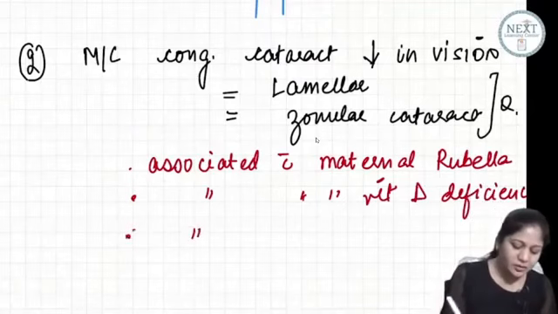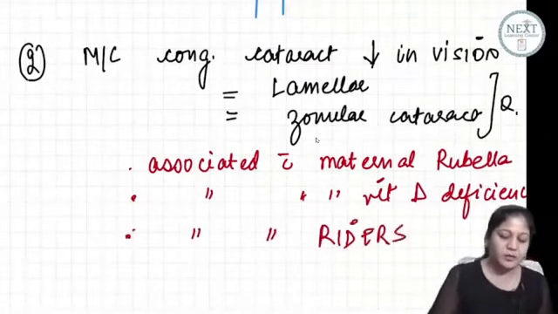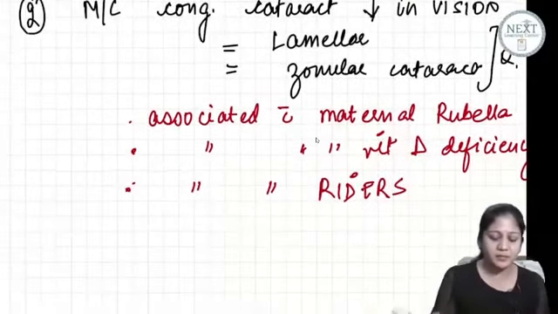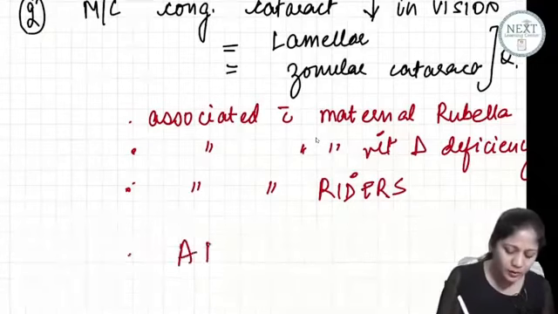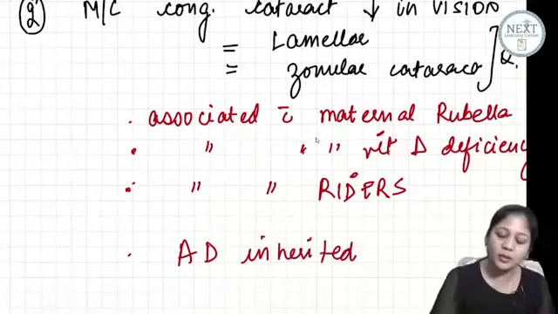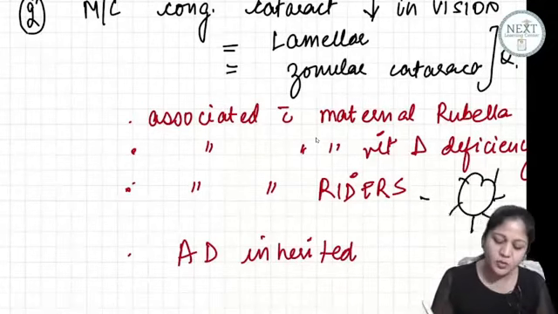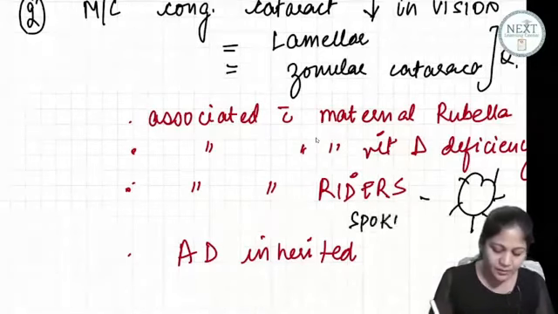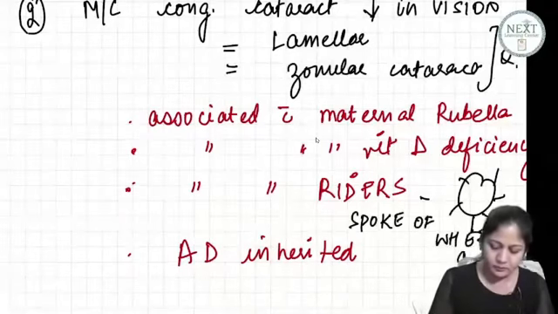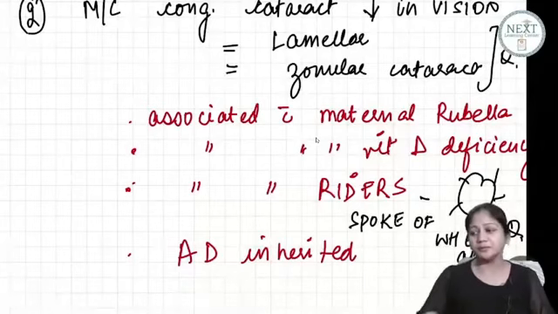This cataract is also associated with rickets. When the patient has rickets, it gives rise to a spoke of wheel appearance. And sometimes it is autosomal dominantly inherited. It can run in families as an autosomal dominant trait. What does rickets mean? It gives rise to a spoke of wheel appearance. Okay, it is a question. Spoke of wheel.